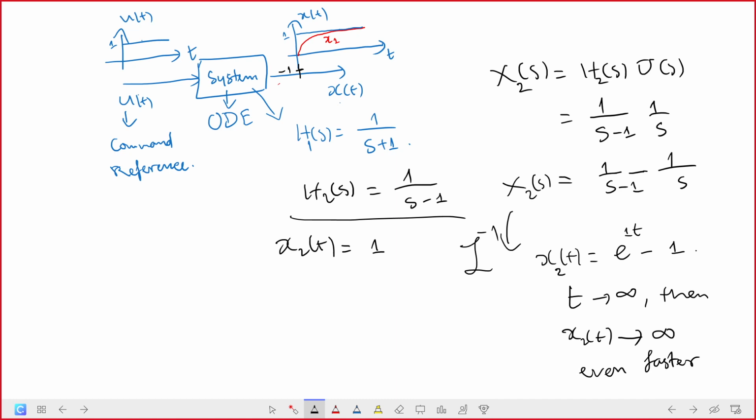Even faster, because this one is exponential. So exponential, it just goes like this. This is h2 of t. So now you can see that for the system, we command u as a step function 1 like this. We want h2 to converge to 1, but then h2 just exponentially grows or explodes. So this one is unstable.